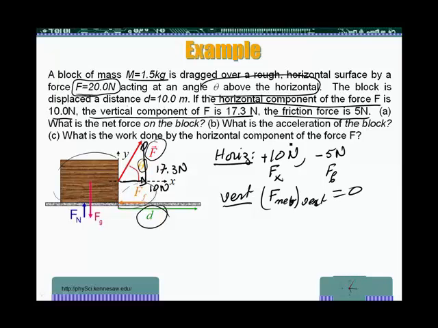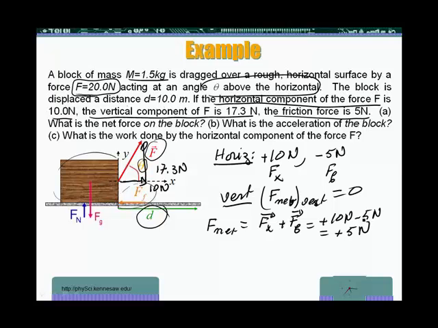Now, however, for the horizontal, we have Fx and Ff. They are different. They are unbalanced. So my net force along the horizontal, which is my overall net force since the vertical is 0, is going to be just Fx plus Ff, which is plus 10 newtons minus 5 newtons, which is equal to plus 5 newtons.